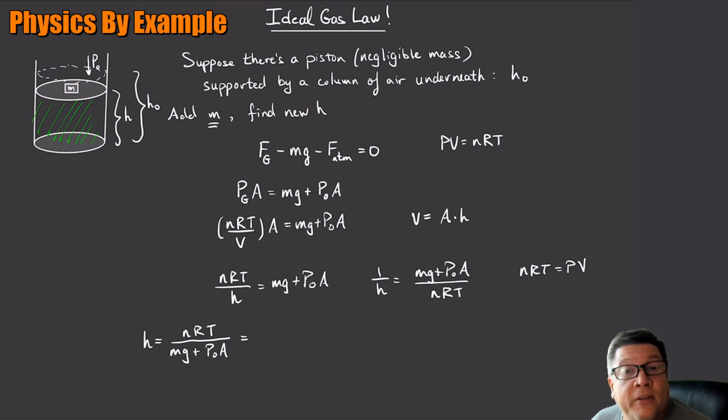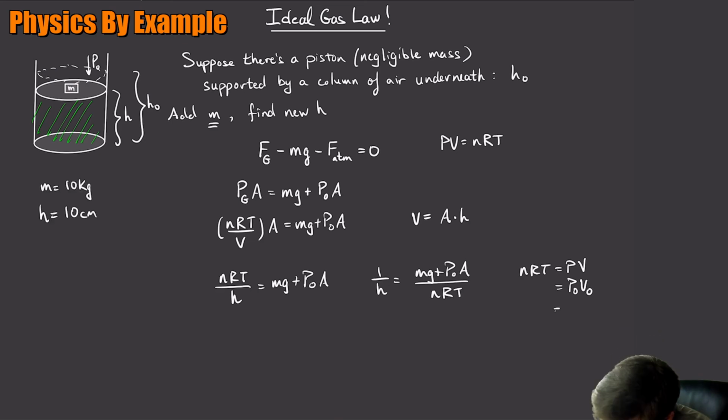Let's suppose the temperature hasn't changed. The R is just a gas constant. The n, I haven't changed the number of moles. I'm not allowing gas to escape or anything. So nRT is going to be the same quantity. So what I'm seeing is this PV is just the same as P naught V naught. That'll help.